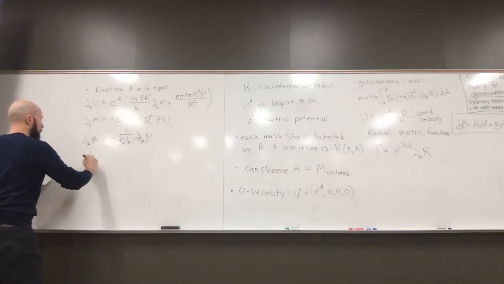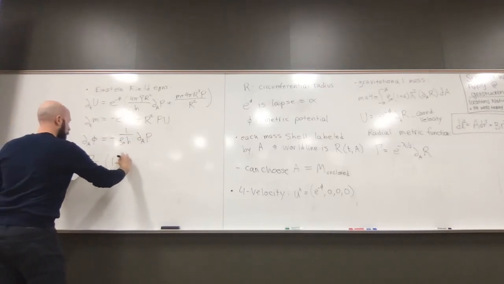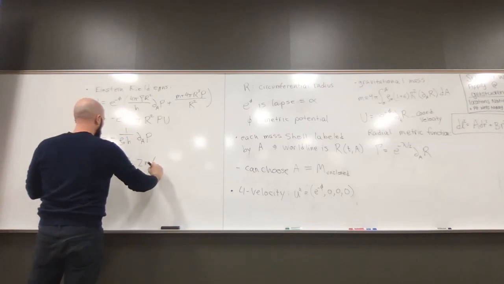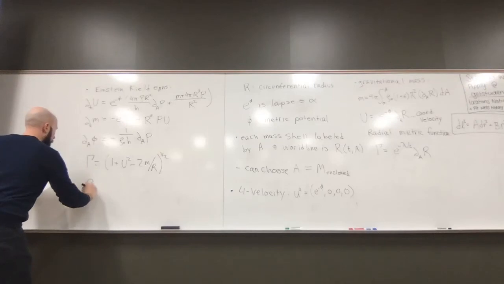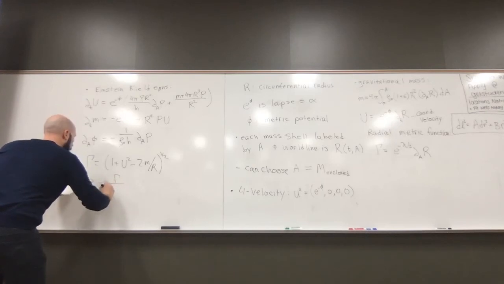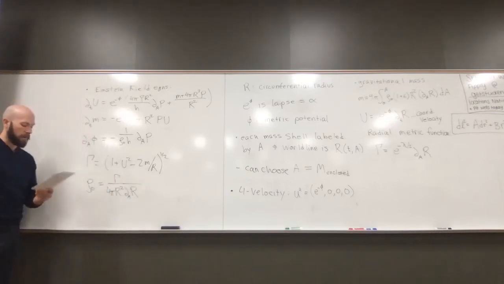And here, my metric function then is 1 plus u squared minus 2m over r, all to the 1/2. And my rest mass density can be expressed then as the metric function gamma divided by 4 pi r squared, partial with respect to A of r.